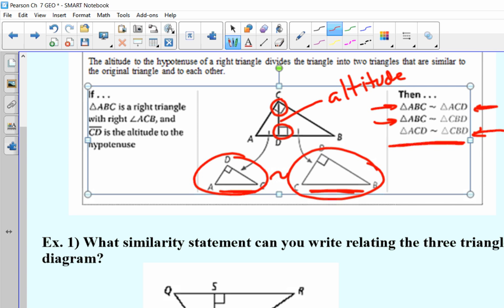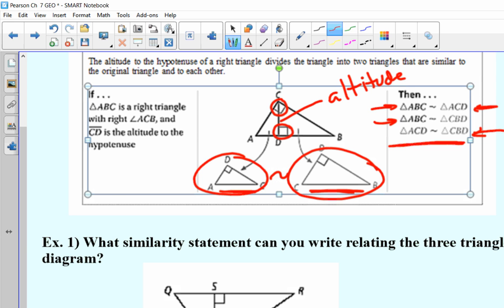Well, now I've got three right triangles, and they're all similar to each other. And this is an altitude. An altitude is drawn at a right angle to the opposite side. Typically, they're going to draw it in this direction, from the angle to the opposite side. Okay, so have that one down.